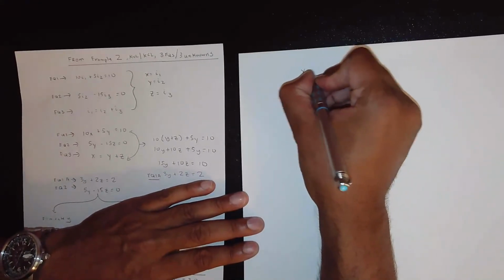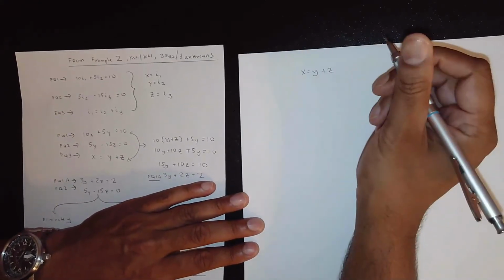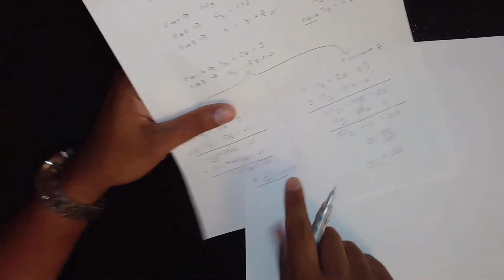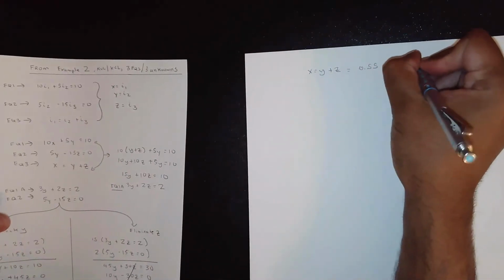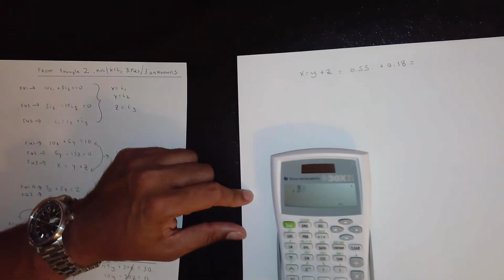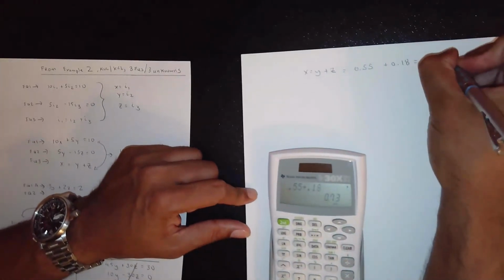So what's my y value? My y value is 0.55. My z value is 0.18. So I take 0.55 plus 0.18, 0.73.